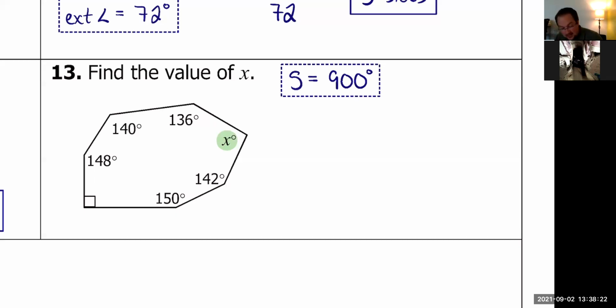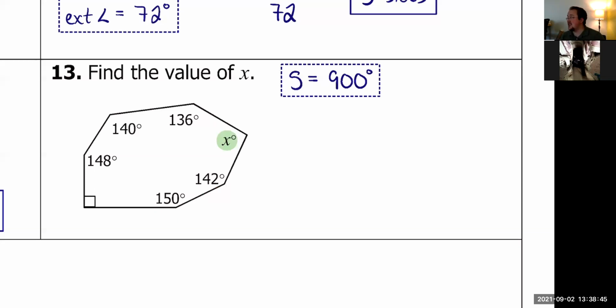What is currently in there right now? Careful, I got a different value. Well, first off, what's the little box mean? 90 plus 148 plus 140 plus 136 plus 142 plus 150.